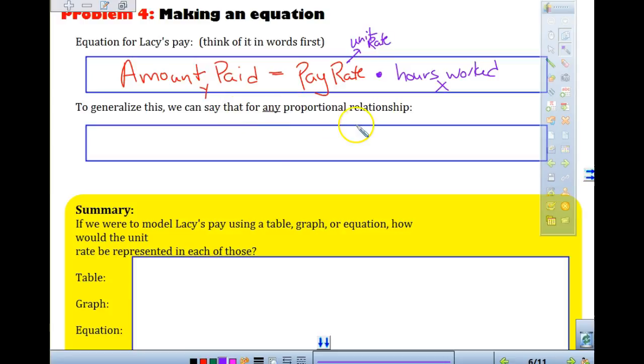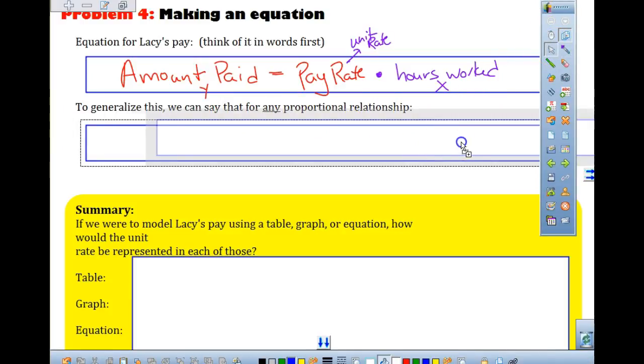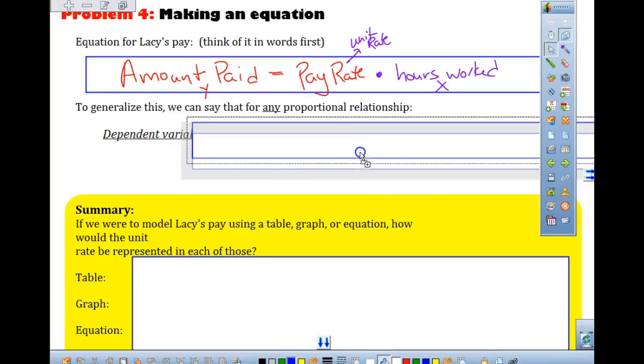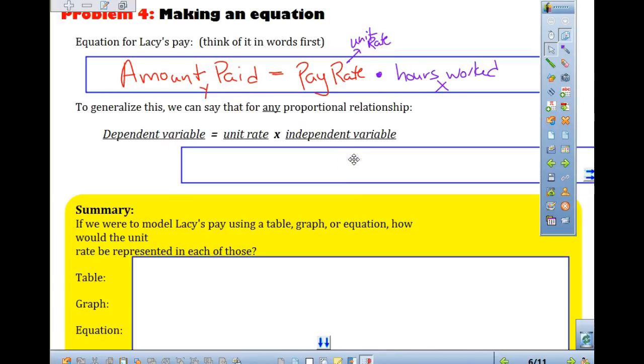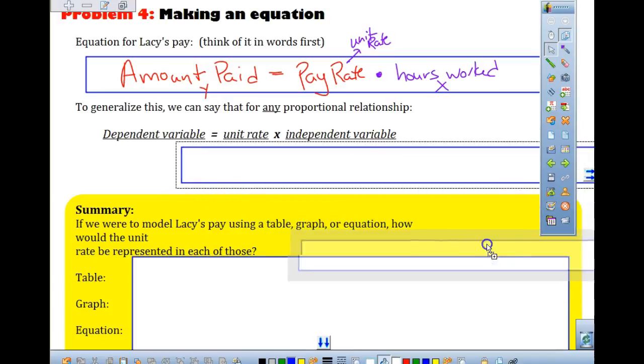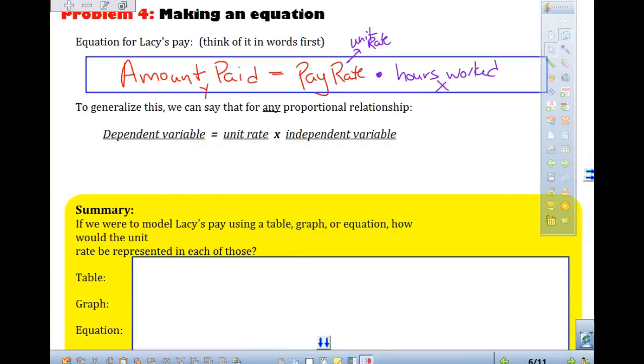So it says generalize this proportional relationship. This is how we want to write that. So when you are looking at that, we are going to put the dependent variable equals our unit rate times the independent variable.